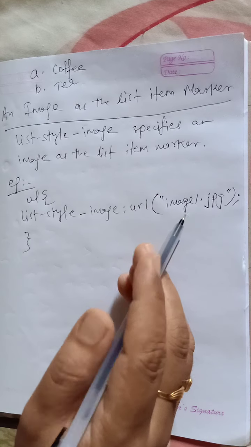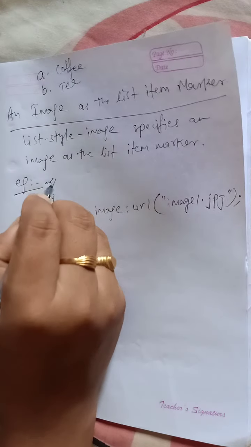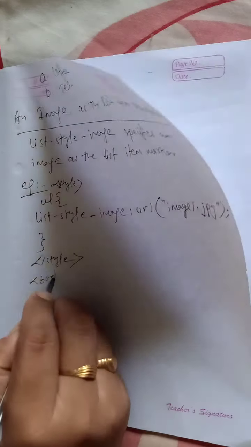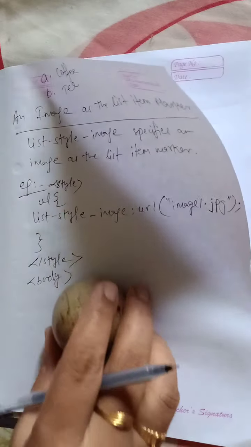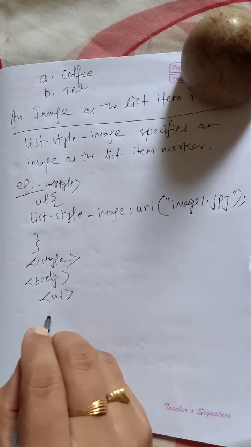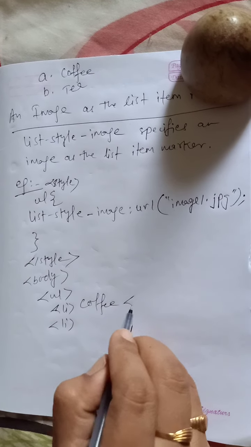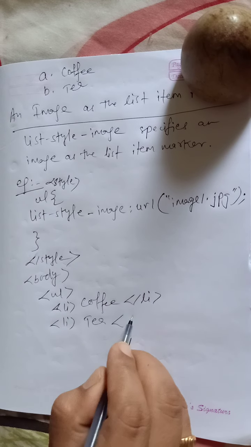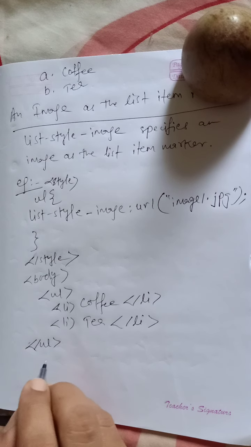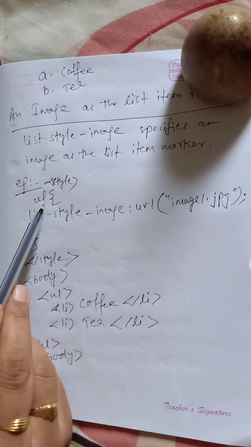For example, if we mention this inside our style tag, and inside the body tag we just write a list. Here we did not mention any class, like in our previous example.